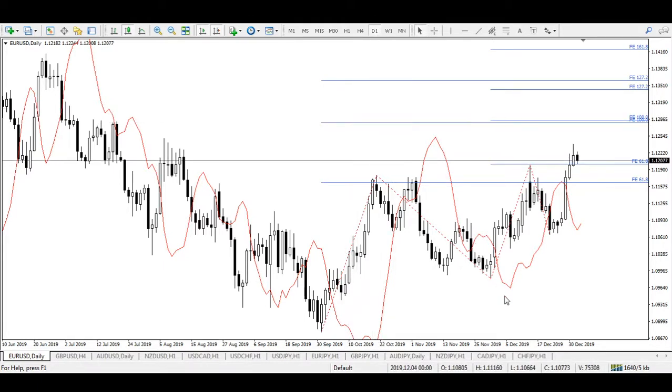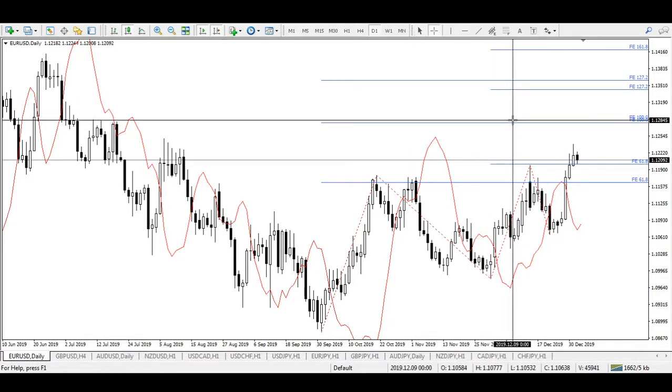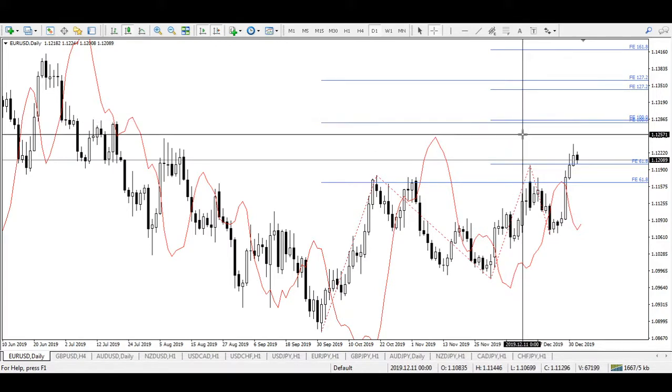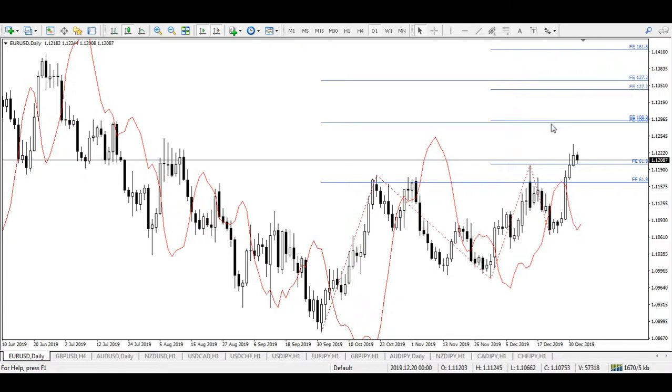And if we look at the smaller ABCD from this point, so this is the A, B, C, and D is almost coinciding with the D of the previous ABCD. This is 1284. So there is a difference of only 4 pips, and that's why this area 1280, 1284 is a confluence resistance zone and maybe the next destination for euro.